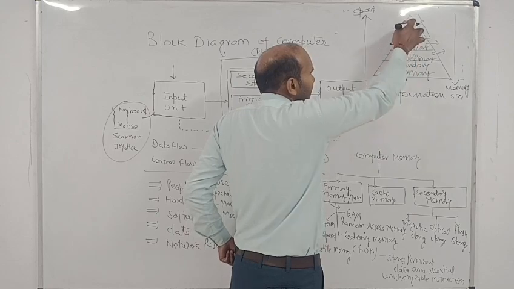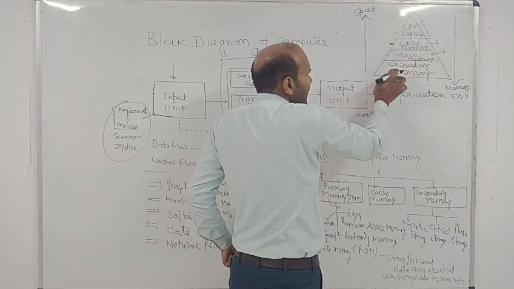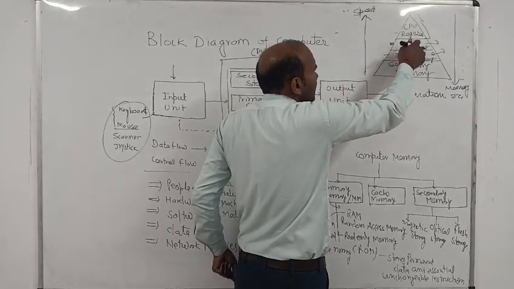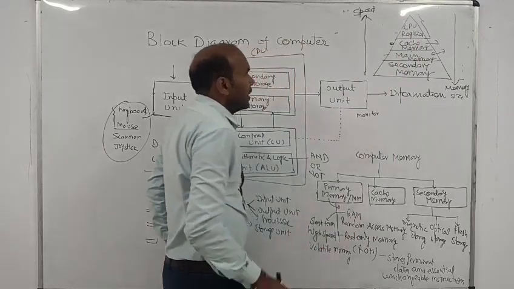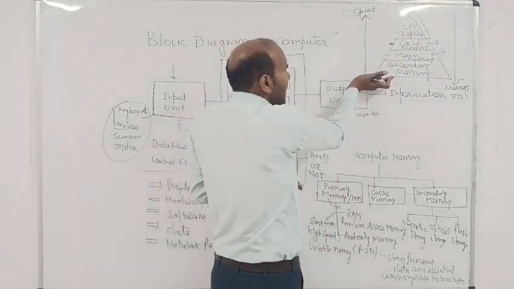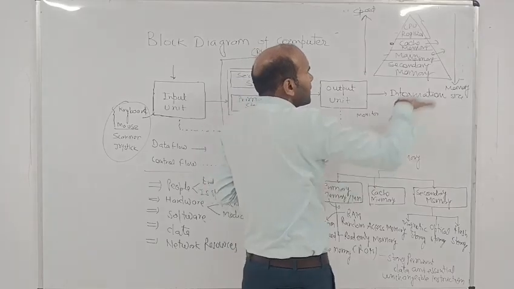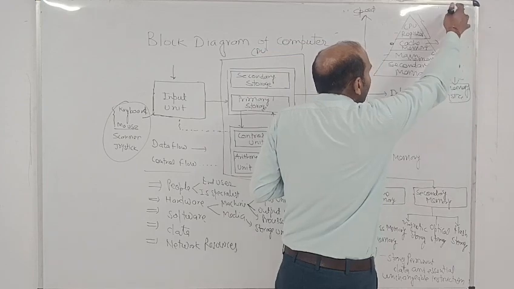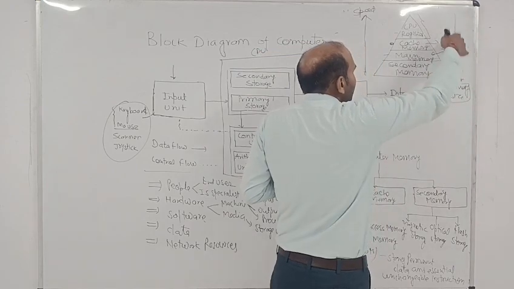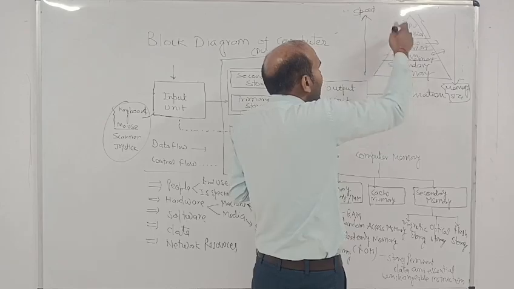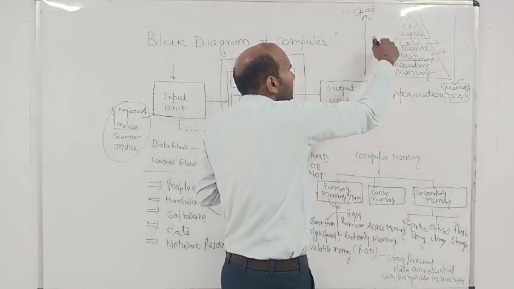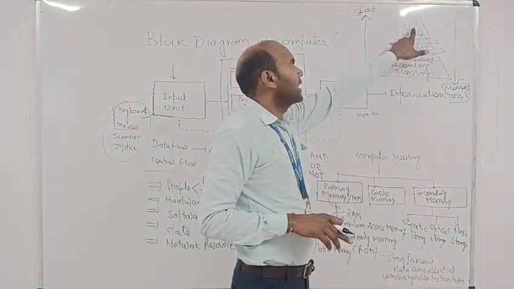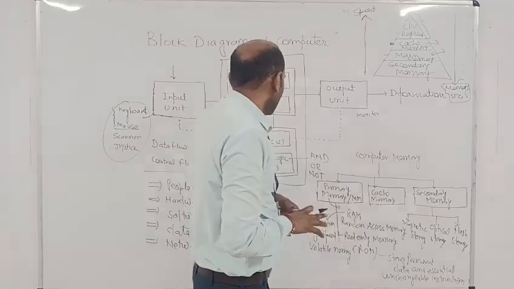Main memory speed is less than the CPU register and cache memory. And last, the secondary memory speed is very low compared to the main memory, cache memory, or CPU register. So speed increases from bottom to top, and memory size increases from top to bottom, with a huge storage at the bottom.